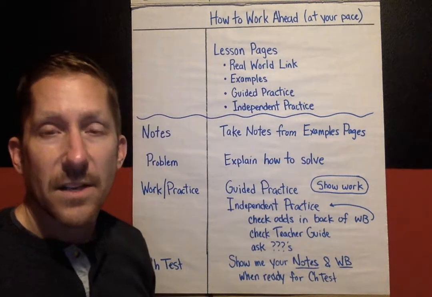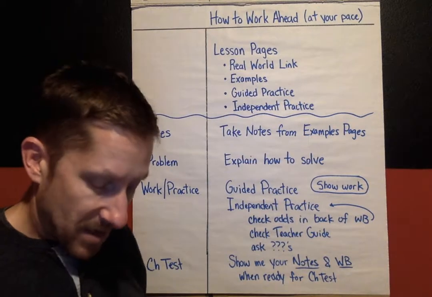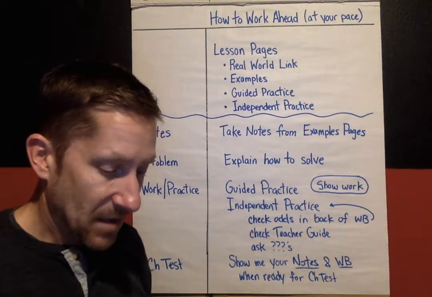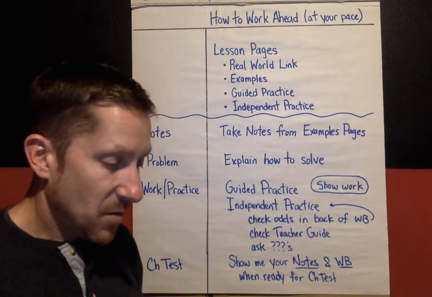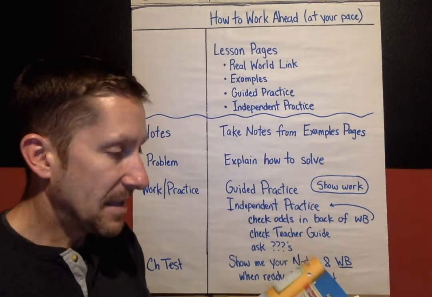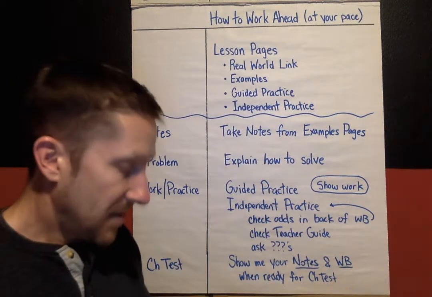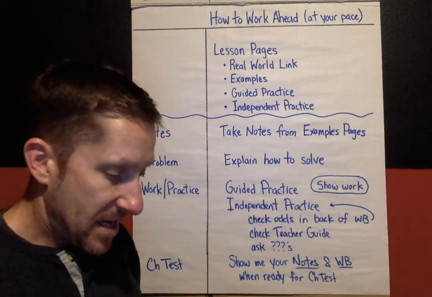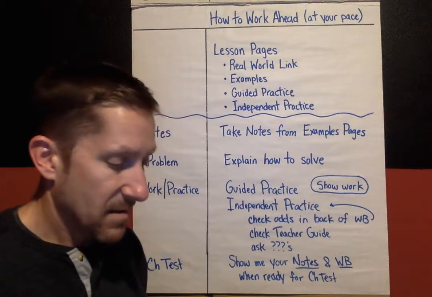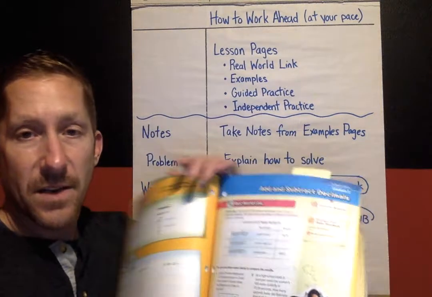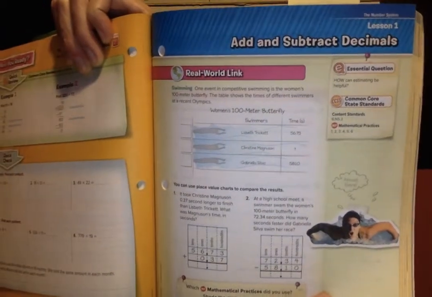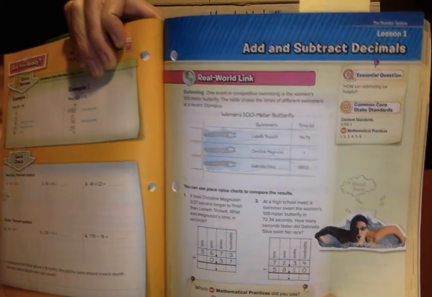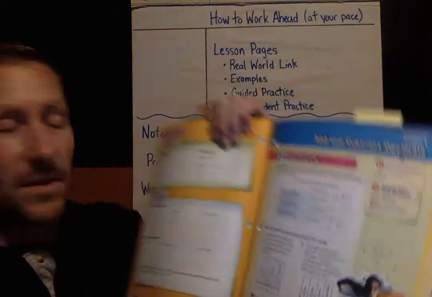I'm sure that you've seen a lot of these pages, but I just wanted to walk you through that. I'm going to use as my example lesson Chapter 3, Lesson 1. The first page in your workbook for this lesson is called Add and Subtract Decimals.